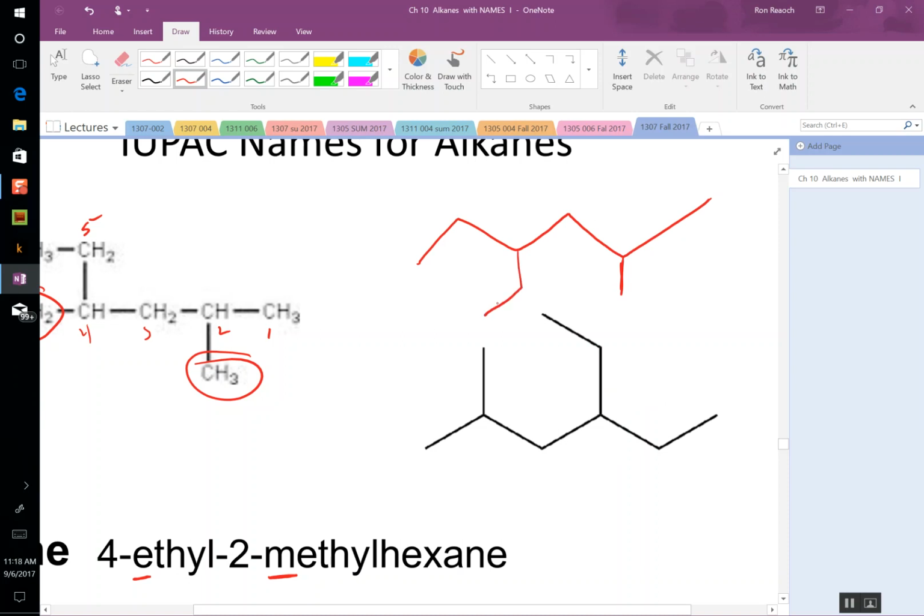That'd be fine too. On number 2 I got a methyl, and on number 4 I have an ethyl. Notice that an ethyl has a kink in it. It's got a bend to distinguish it from a methyl group.